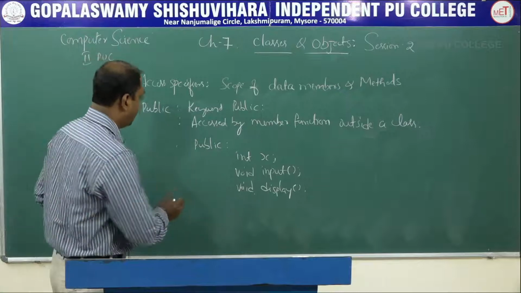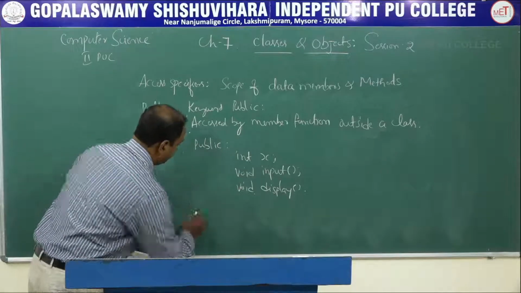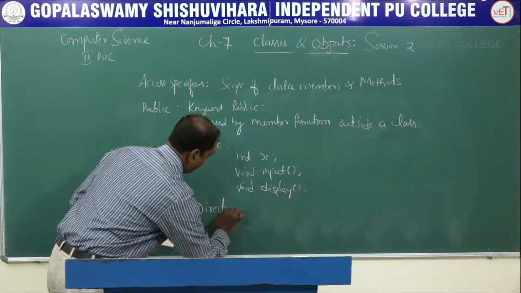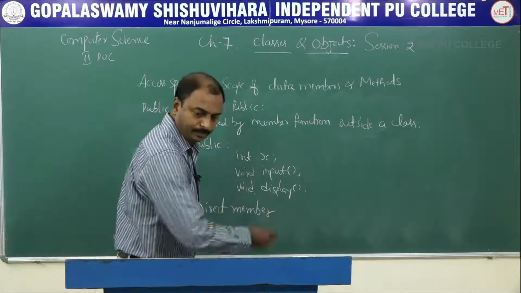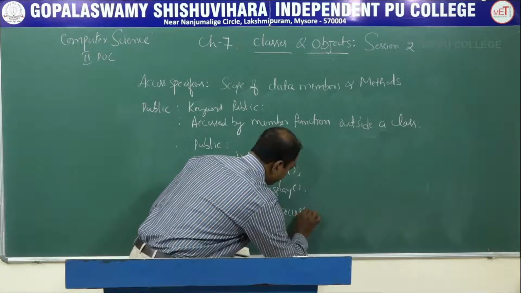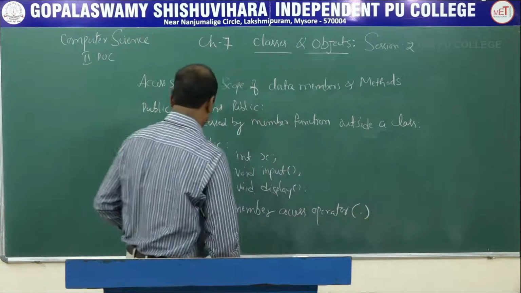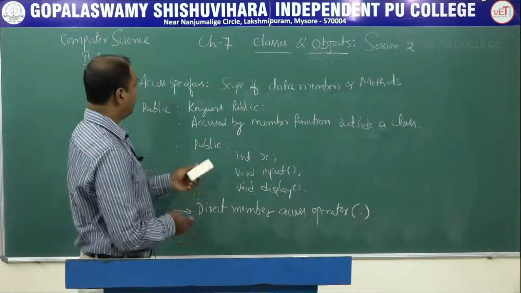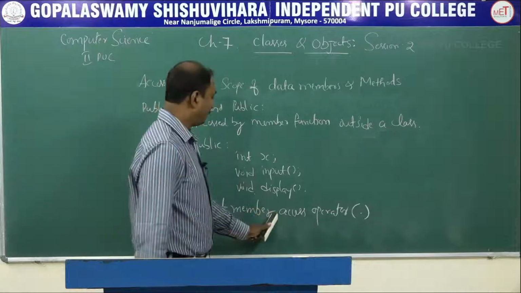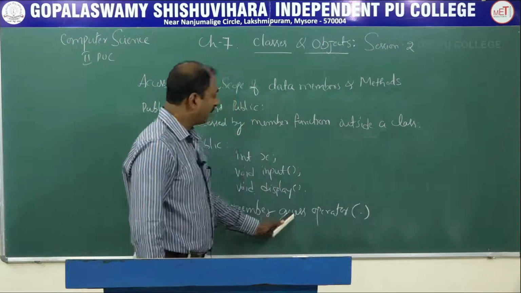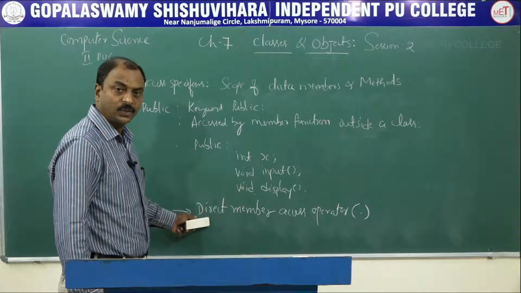It is called the direct member access operator, that is nothing but a dot. Here, to access the data members outside a class, we use the data member access operator, that is dot. Let me write the syntax of this.